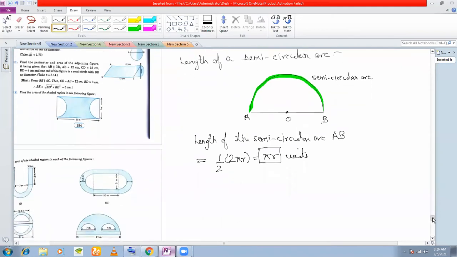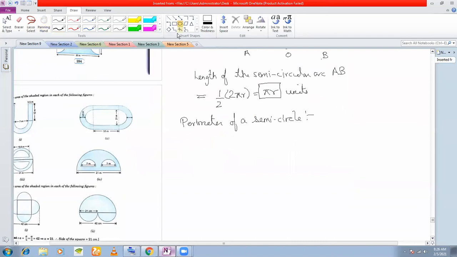Remember, we'll be using this in sums. And finally, you have the perimeter of a semicircle. This is very important.